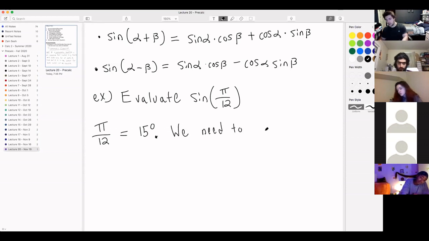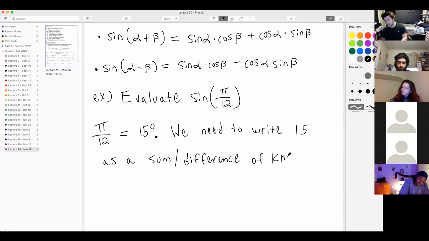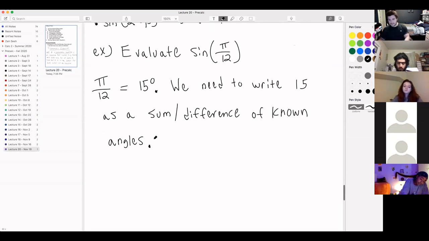We need to write 15 as a sum or difference of known angles. Again, when I say known angles, I mean we need to write it as a sum or difference of 30, 45, 60, 90, and so on. Okay, so this is not bad.